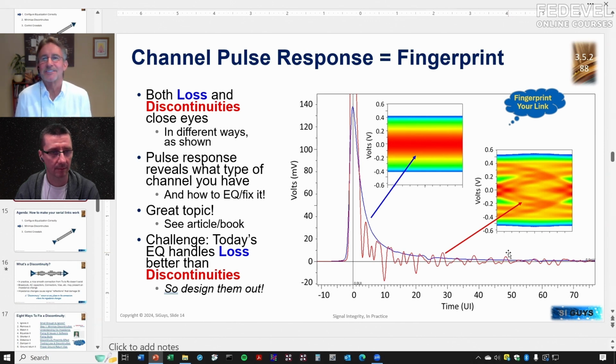That's crazy, right? So they're starting to put these things called floating taps that go hunt for the noise. They look down the pulse response, if you will, and they go, boom, there it is, bit 50. I'm going to get rid of that noise.